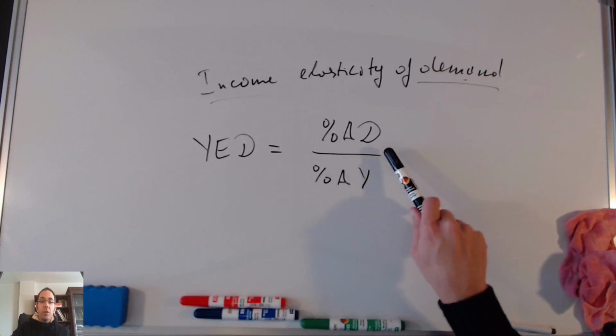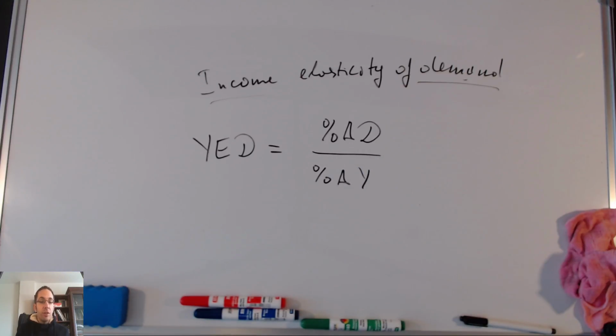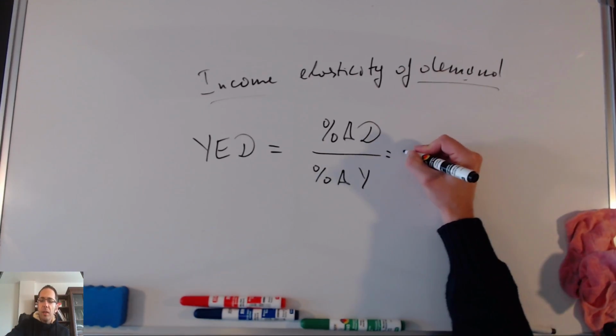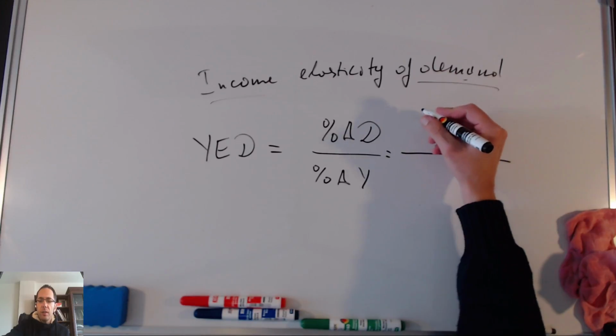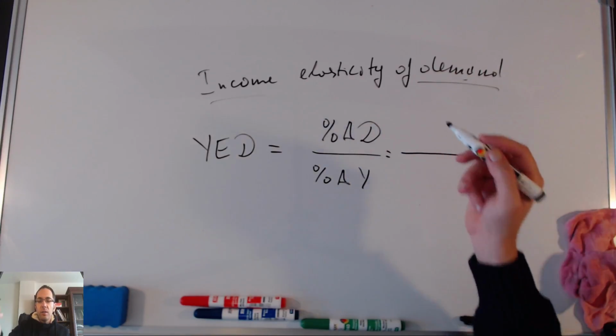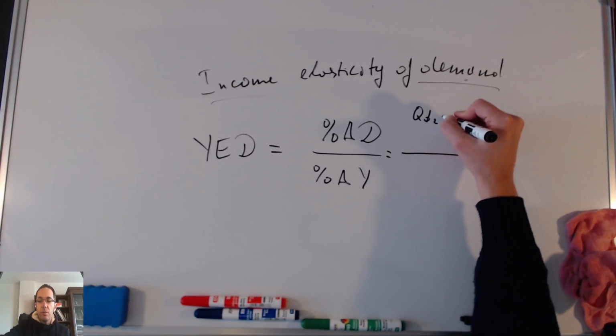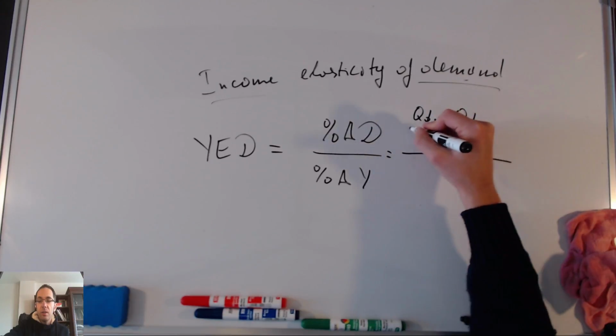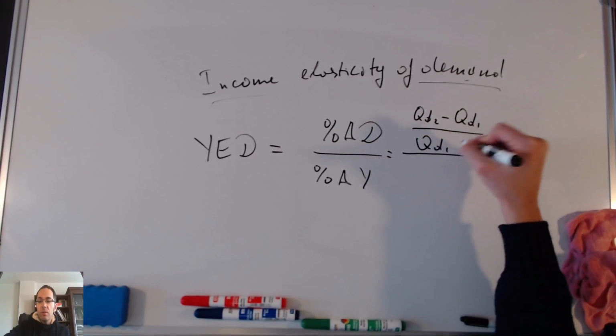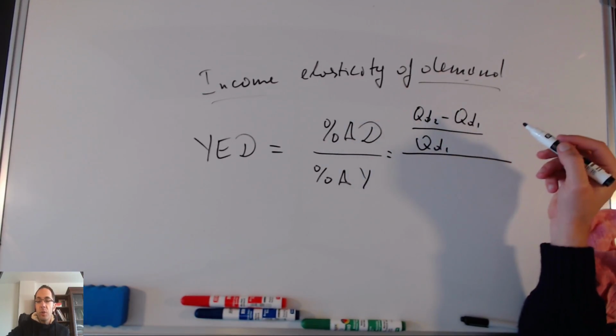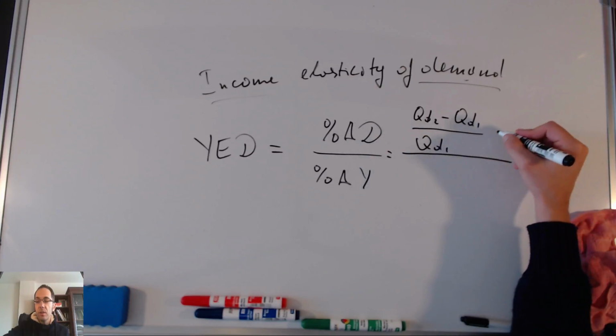Also, because we are measuring the percentage change of demand, changes in the income will lead to a shift of the demand curve. So we can expand this, and to calculate the percentage change in demand, we'll have quantity D2 minus quantity D1 over quantity D1. These are the corresponding quantities for the different demands.